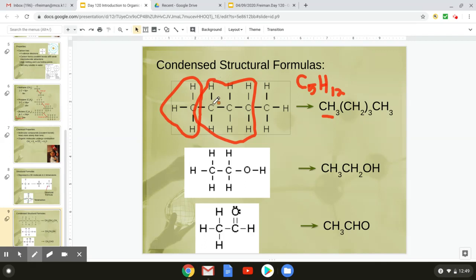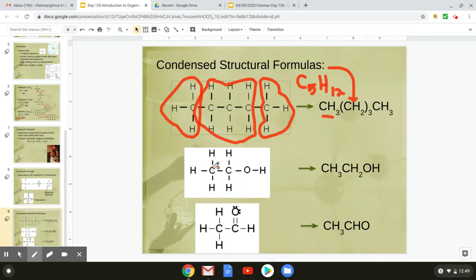How many CH2s? 1, 2, 3 of them. So in the condensed structural formula, the middle part is CH2 in parentheses 3, which means there's 3 of the CH2s. Then on the far side, the right side, we end up with a carbon and 3 hydrogens, so that would be written as CH3. So the condensed structural formula here is CH3, CH2, CH3.